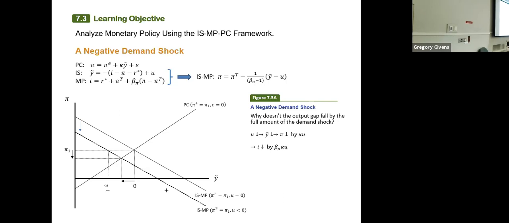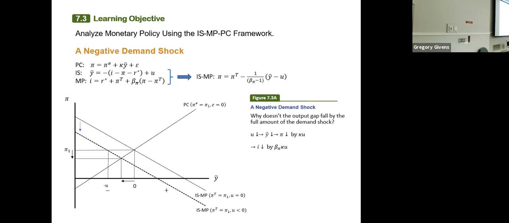Okay? Now, if inflation falls, stay with me here, if inflation falls by kappa times U, then how is the Fed going to respond to that development? Look at the monetary policy rule. If inflation's going down, what's going to happen to the nominal interest rate?